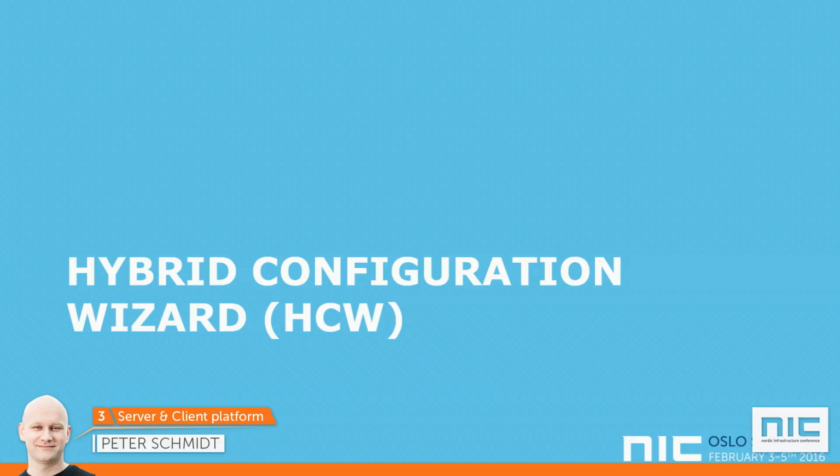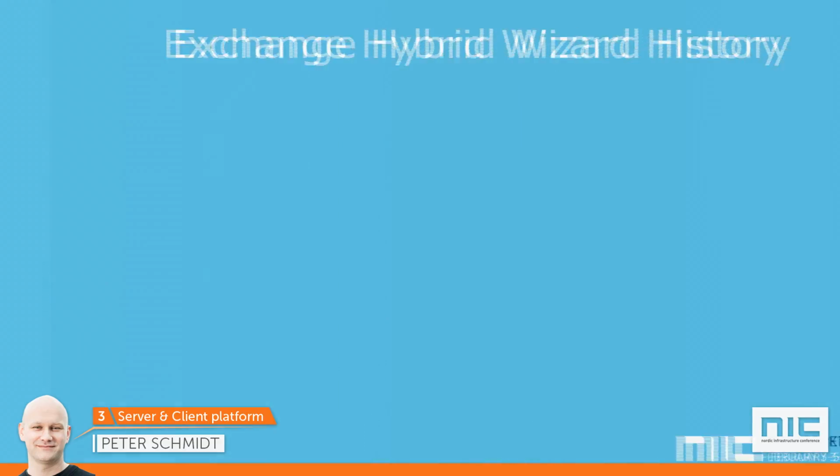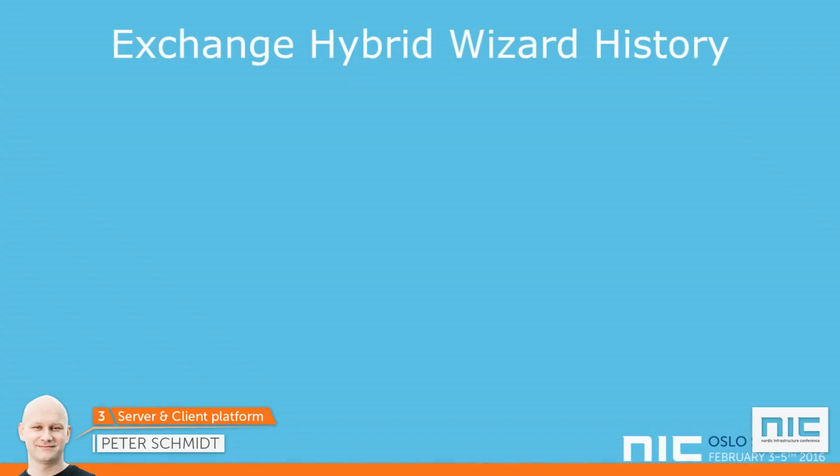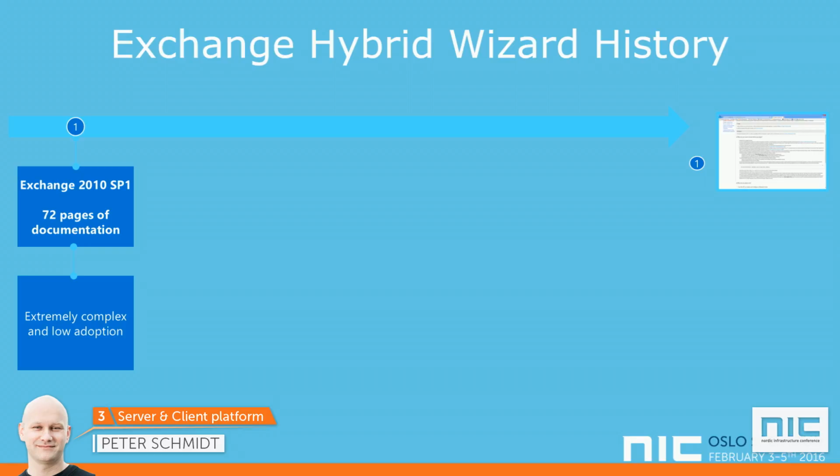So, the hybrid configuration wizard. If we look briefly at the history of hybrid and the configuration of it, it came with Exchange 2010 Service Pack 1, and I think the first version we got a really large white paper of about 72 pages, which we had to go through to set all this up.